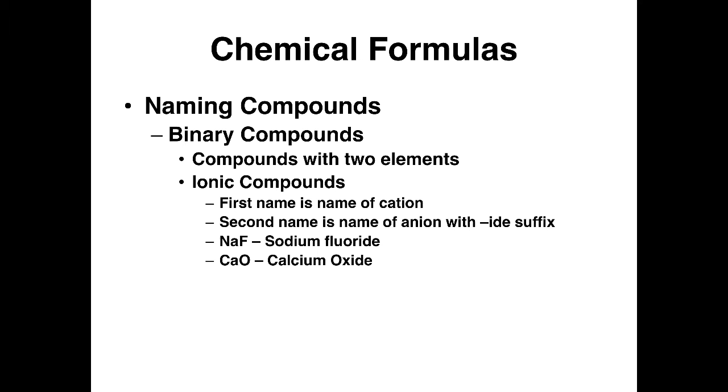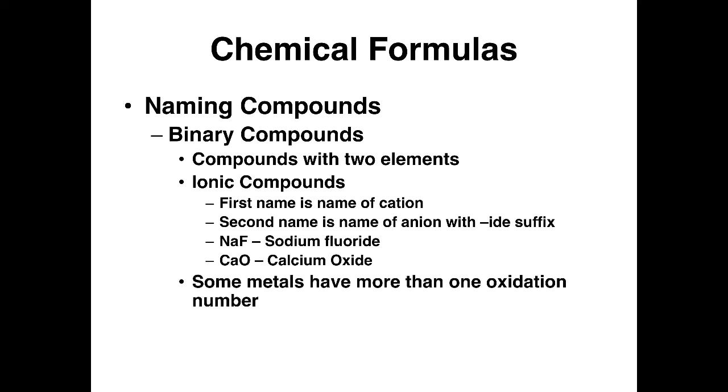Now, when I say it has two elements, it can have more than two atoms. It's just two elements. So this one, the cation is calcium, the anion is oxygen, so it's calcium oxide. Now, in situations where you have a binary compound that has a metal that can have more than one oxidation number, and it's combined with a nonmetal, remember that's where we use the Roman numerals to name.